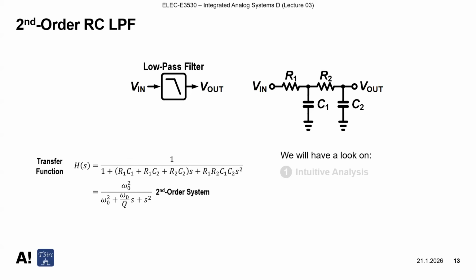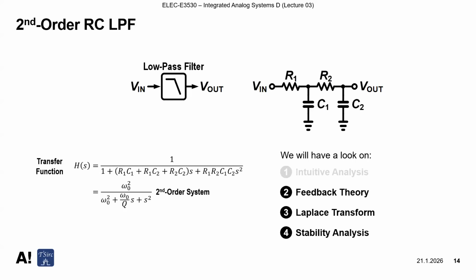According to that, Vout is approximated as Vin. And if C1, C2 are short circuit, then Vout is always ground, right? 0.